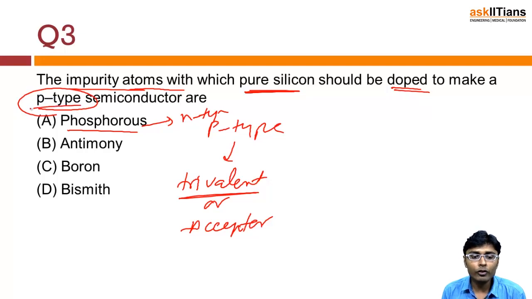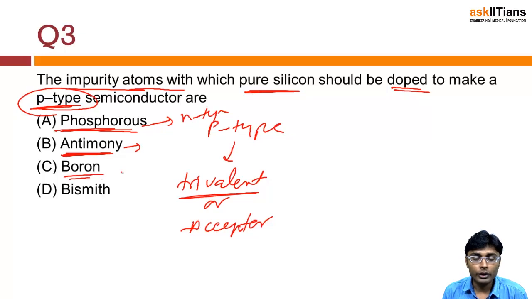Therefore, we want an impurity that makes a p-type semiconductor, right? Therefore option A will not be the correct answer. Again, if we see option B, antimony. Again, antimony is a pentavalent type of impurity, okay? Therefore this will not be the correct impurity to make pure silicon a p-type semiconductor, okay?